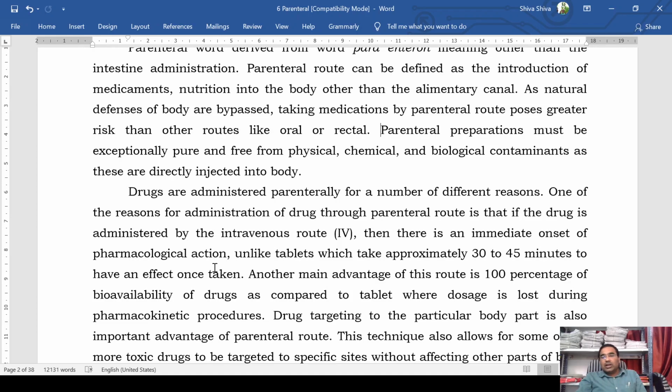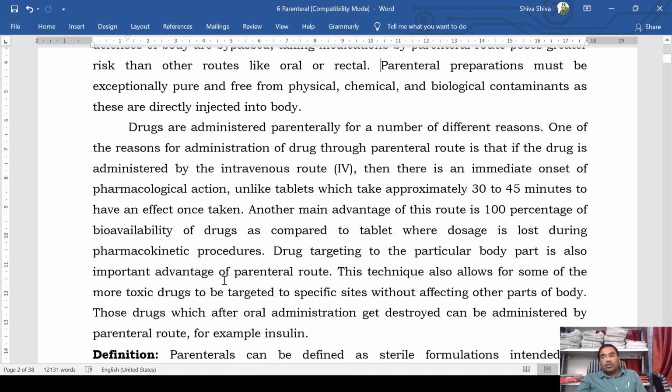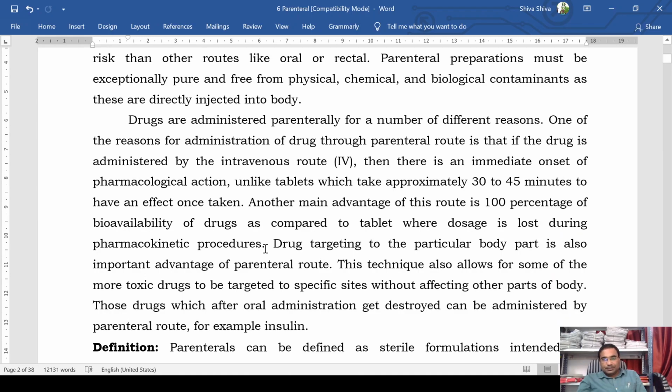So as I told, another advantage of this route is 100% bioavailability of drugs as compared to tablets or other dosage forms. Drug targeting to a particular body site is also important. So, by using various techniques while formulating the parenteral dosage form, drugs can be targeted to the particular site.